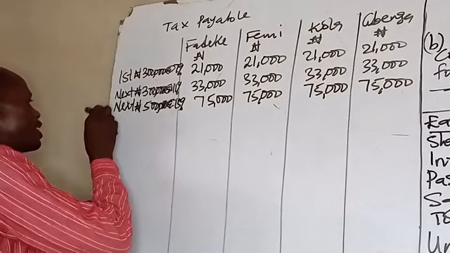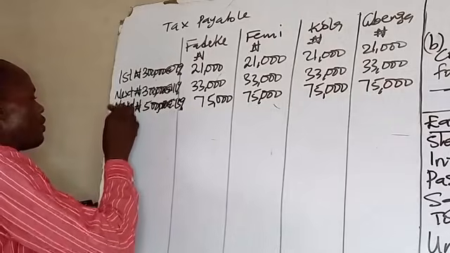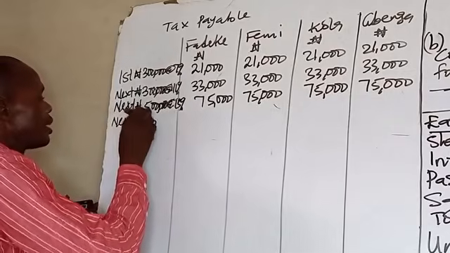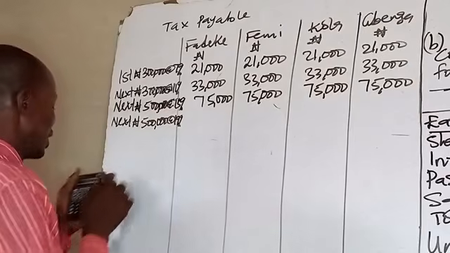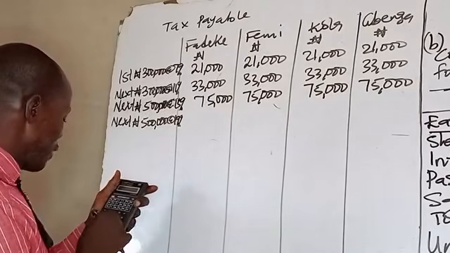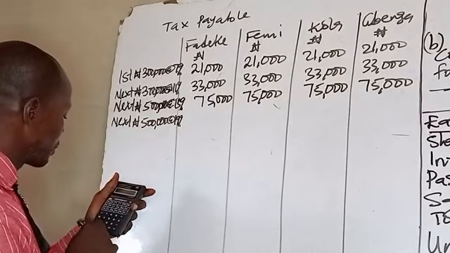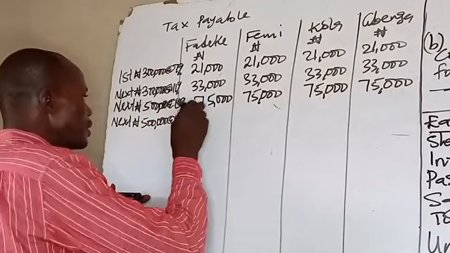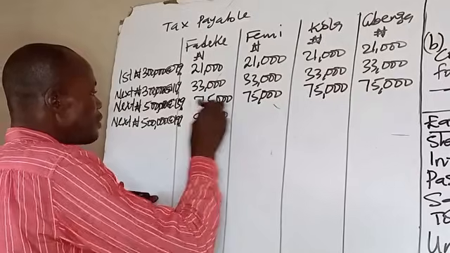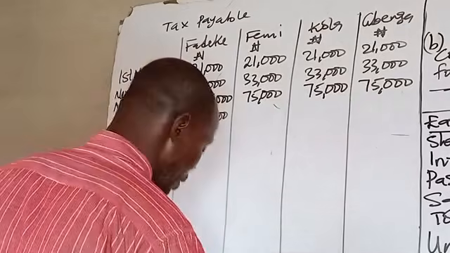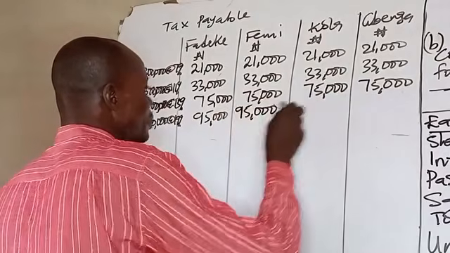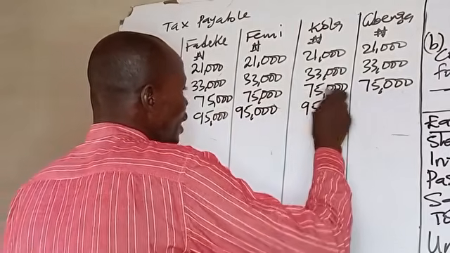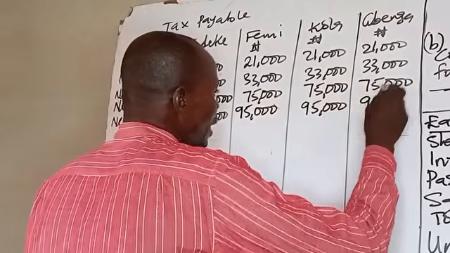Then we have next 500,000 again, which will be taxed at 19%. 19% of 500,000 gives us 95,000.